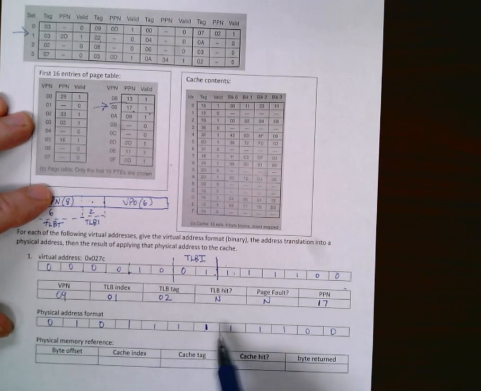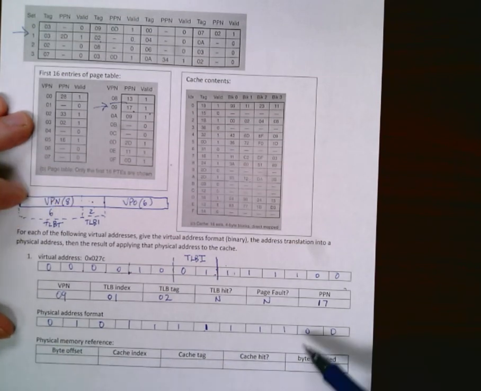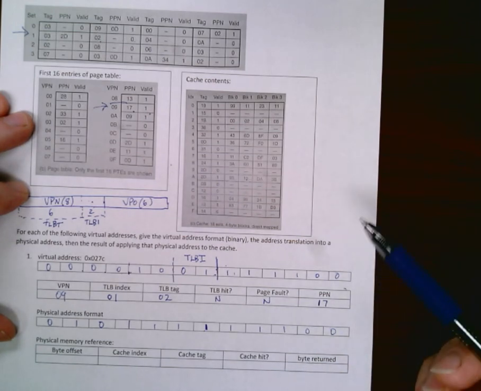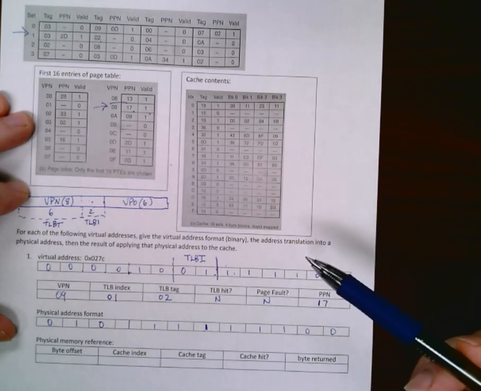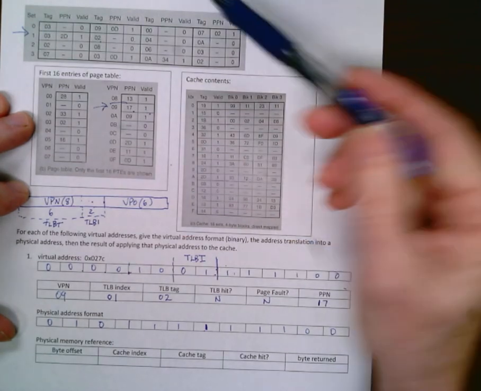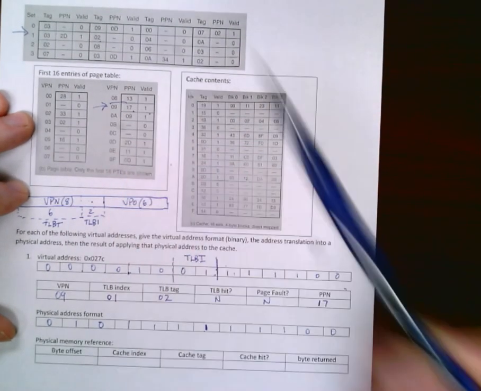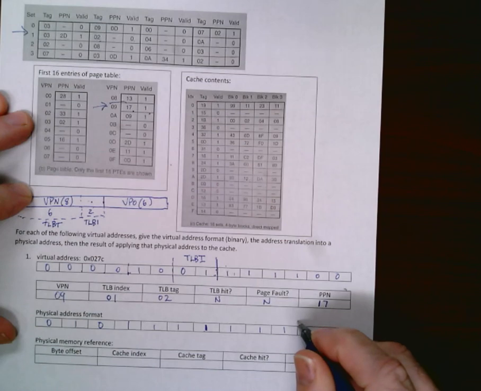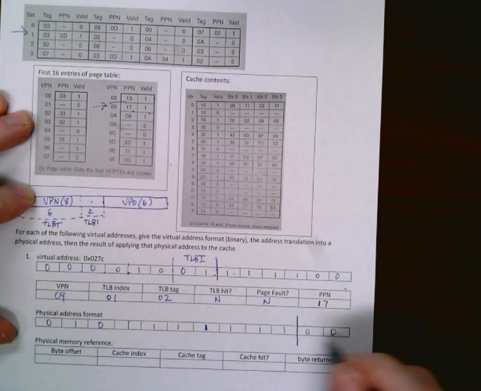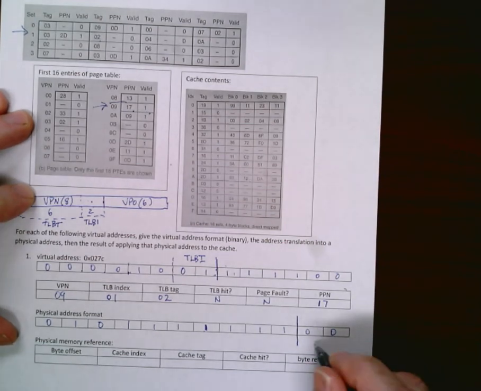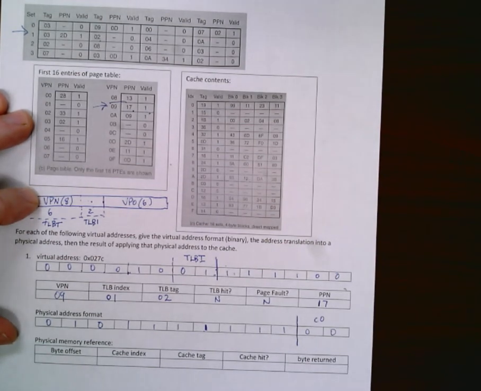Okay, so now we take the physical address, and the physical address is going to be applied to the cache. The cache now has a different model. We have a direct mapped cache. We have a block size of 4 bytes. If we have a block size of 4 bytes, that means my cache offset is the lower 2 bits. That gives me access to any 4 bytes within the cache line. So this would be our CO right here.